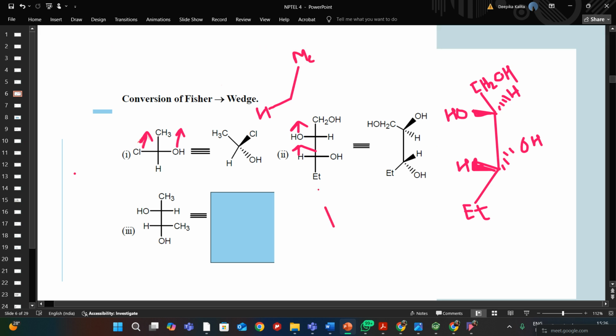it will be methyl here and OH here, and towards us there will be two substituents which will be hydroxy and hydrogen, and on the other side, which is away from us, the two substituents will be hydrogen and methyl.